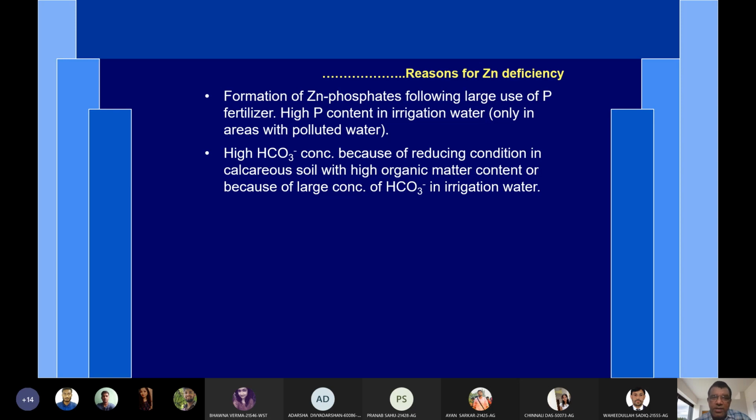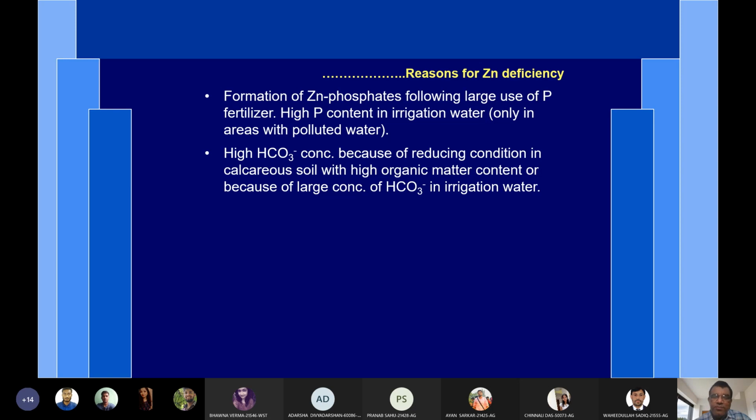If you have ideal levels of phosphorus and zinc, the right proportion of phosphorus and zinc in soil, their effect on each other is synergistic. They have positive effect on each other. They help each other. But if there is some imbalance in their ratios in soil, if suppose you have very high level of phosphorus and very low level of zinc, then it is antagonistic effect.